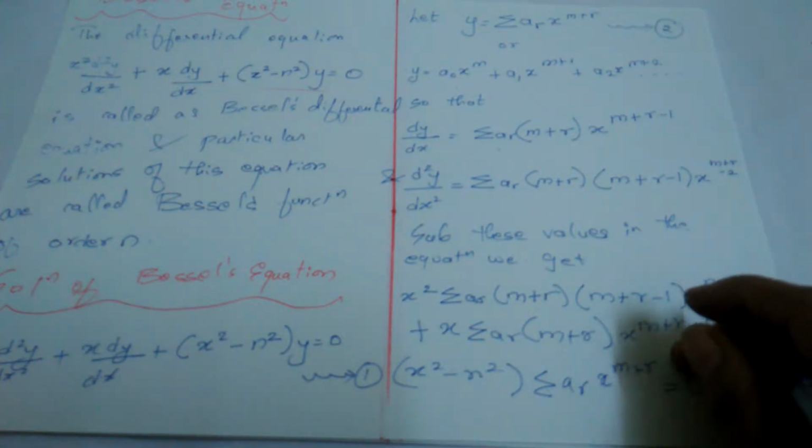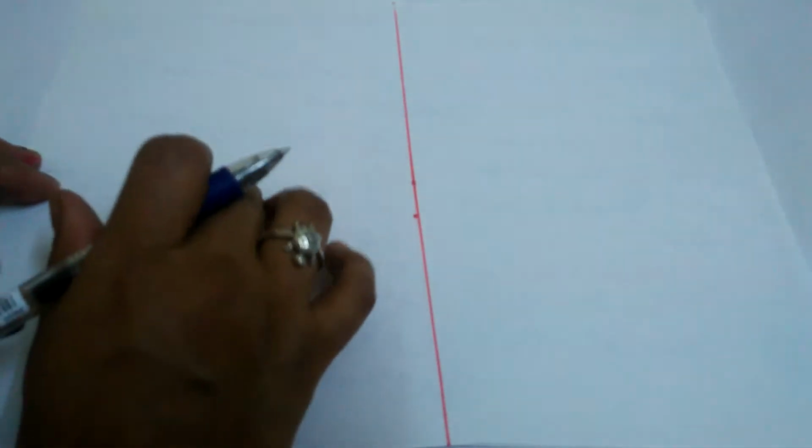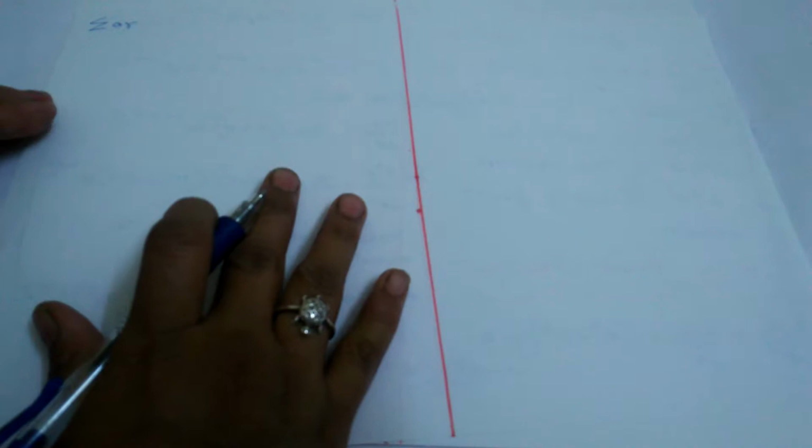Okay, my next step will be summation of a_r, m plus r, m plus r minus 1, then x to the power m plus r.